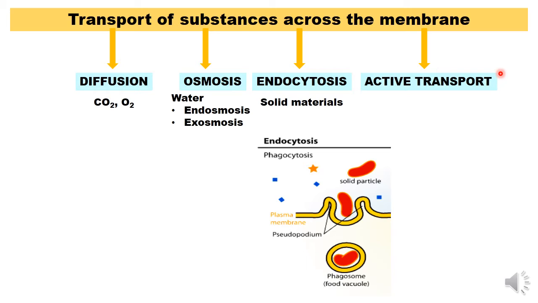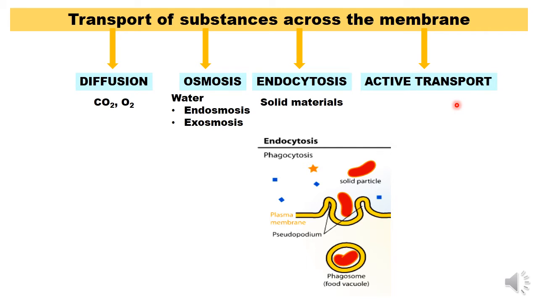So, for example, we need to send some molecules from their low concentration area towards the higher concentration area. Since this is against the concentration gradient, we need to spend energy.